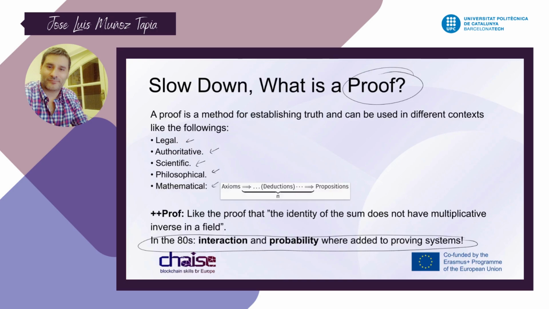Proofs are a process that needs interaction and probability. There is an interaction between two parties, and there is a probability that the proof is okay, that is sound, that is zero knowledge, and so on.